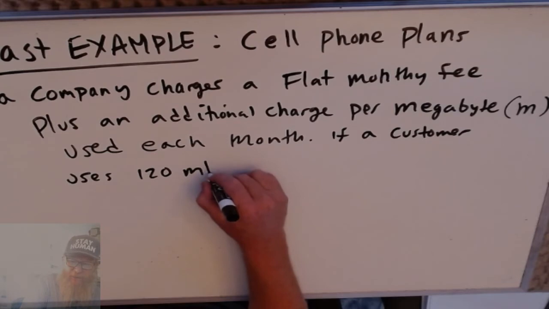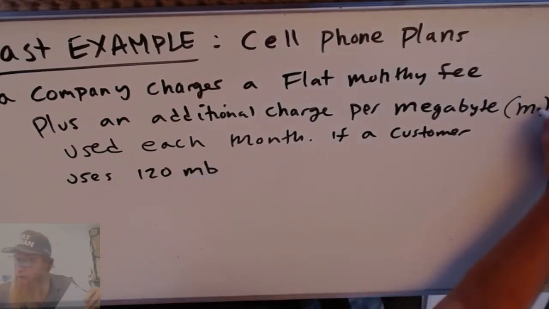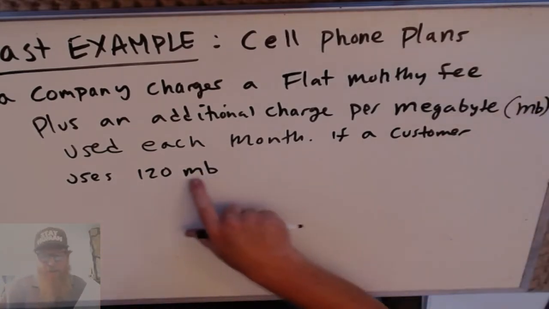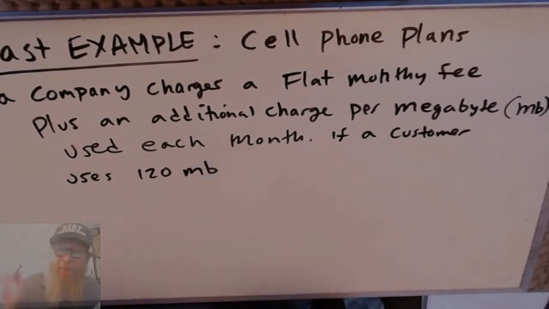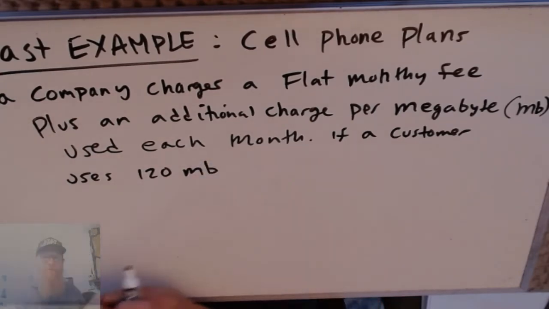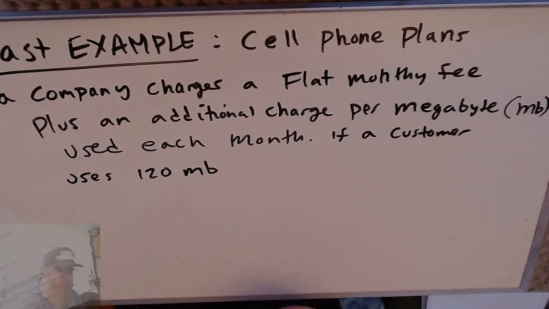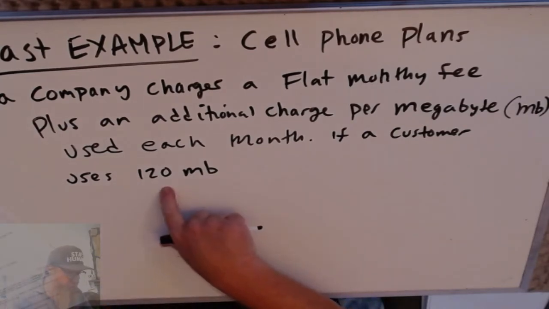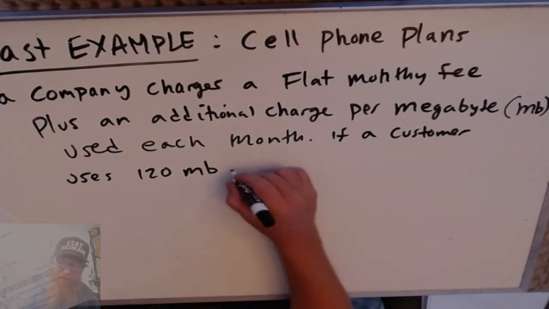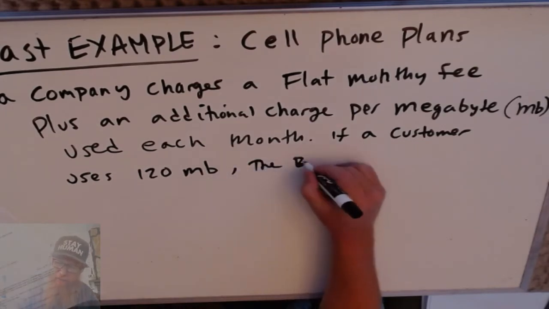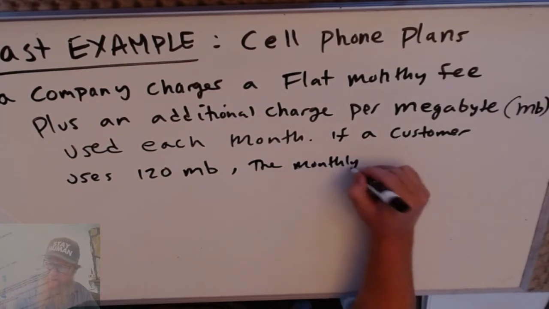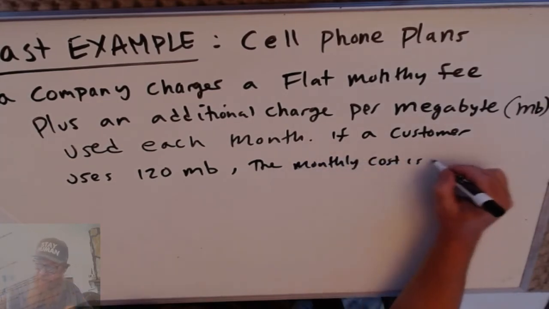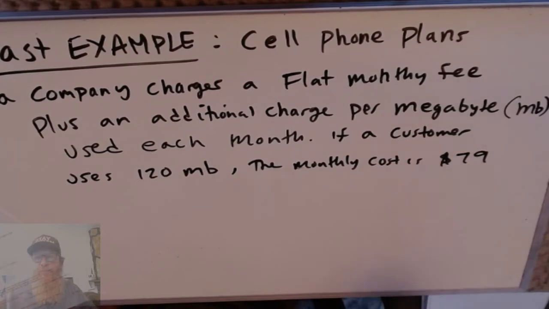Actually, I changed my mind. I'm going to do MB for megabytes. I want to make sure that I know that that means megabytes. Okay. So if a customer uses 120 megabytes, the monthly cost is $79.